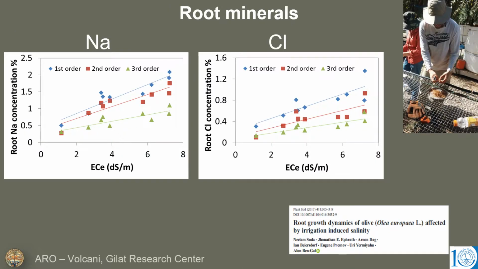One of the things that we looked at that can give us a little bit of insight into what's happening is the amount of uptake or concentration of the sodium and the chloride, the problematic salts in the system, as a function of the increasing salinity.